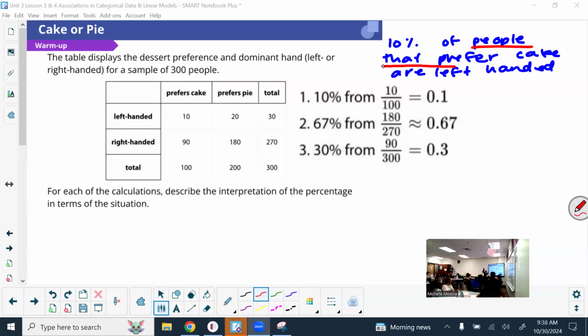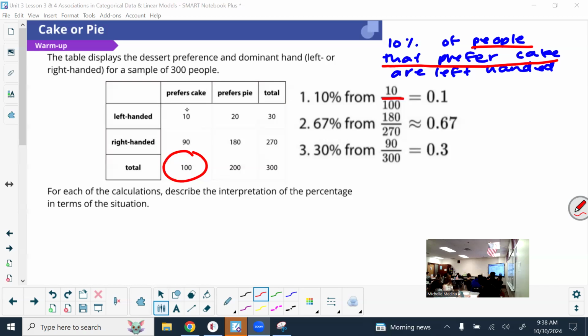So class, how many people prefer cake? No, not the percent. How many people? So that is why we divided out of 100, right? Whatever follows the word "of" is usually your denominator. We're not saying of the people surveyed, not of the 300. We're saying of only the people that prefer cake.